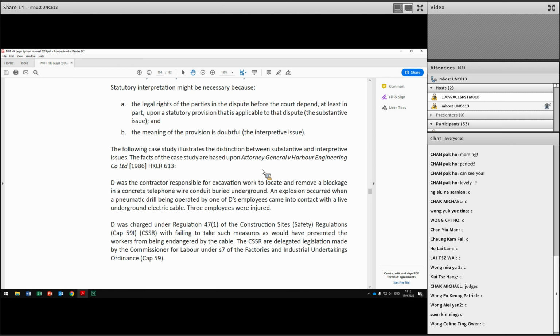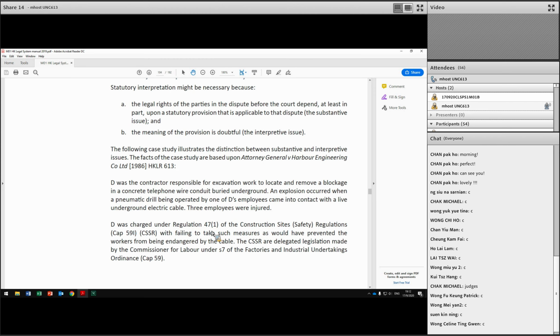So there was a case between the government and a company called Harvard Engineering Company Limited. In this case, the defendant was a contractor responsible for some engineering work to locate and remove a blockage, etc. There was an explosion. Someone was hurt, and three employees were injured.